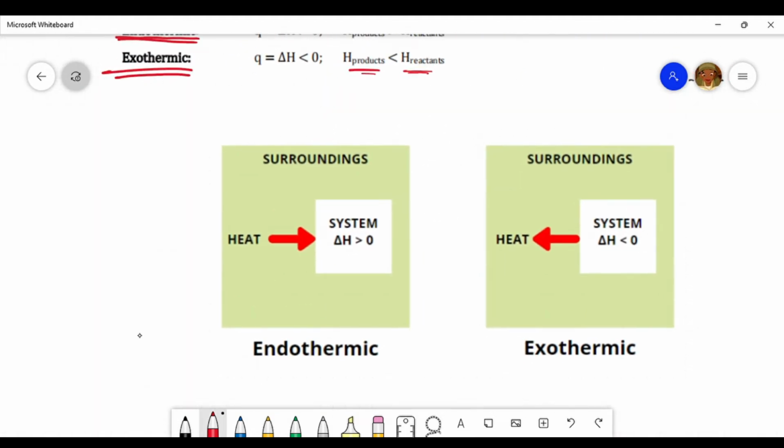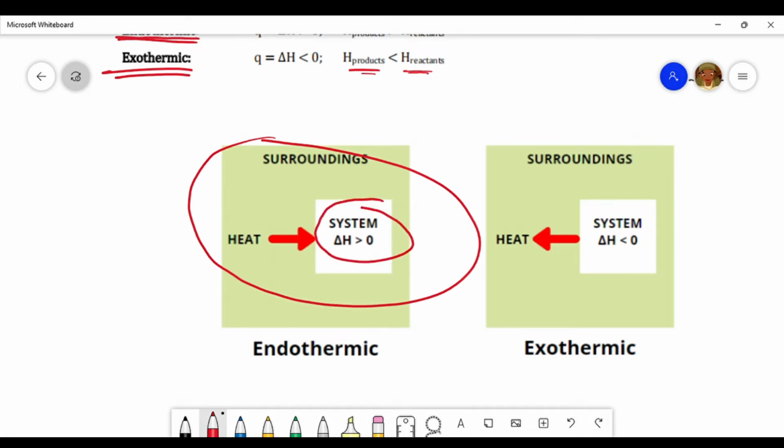We have the surroundings, which is anything in the universe, and the system is found within the surroundings. In an endothermic process, heat is absorbed by the system from the surroundings, and delta H, the enthalpy change, is greater than 0.